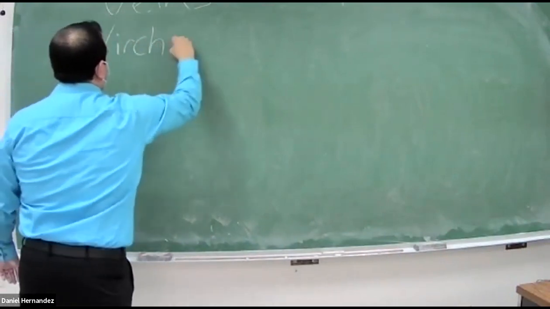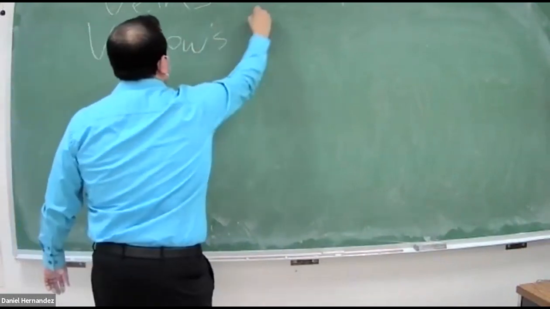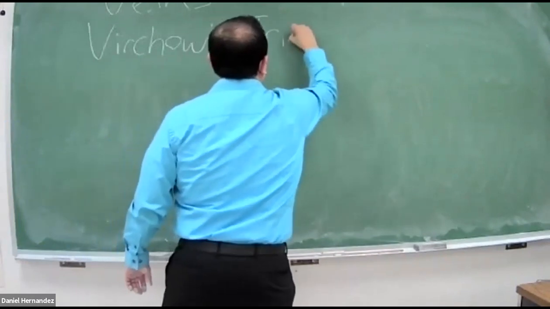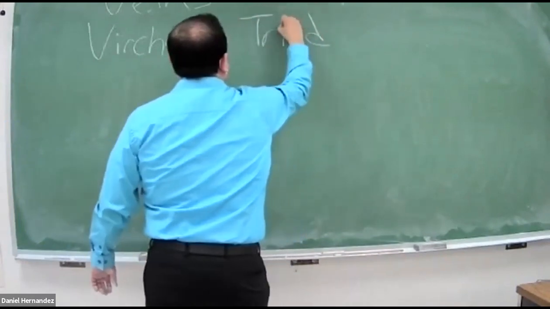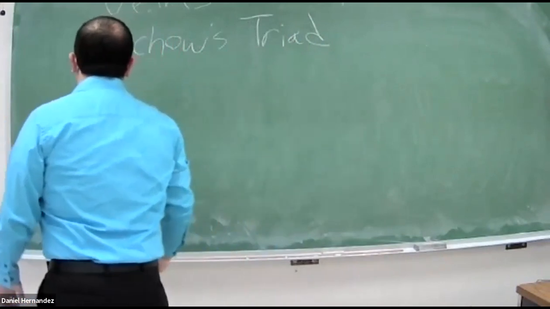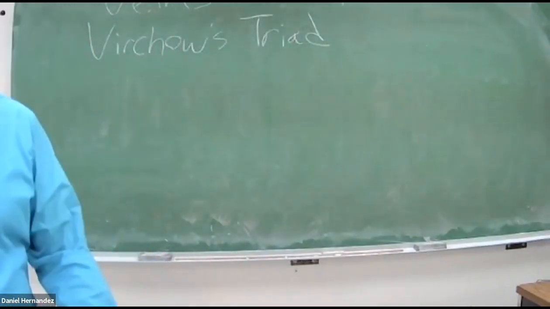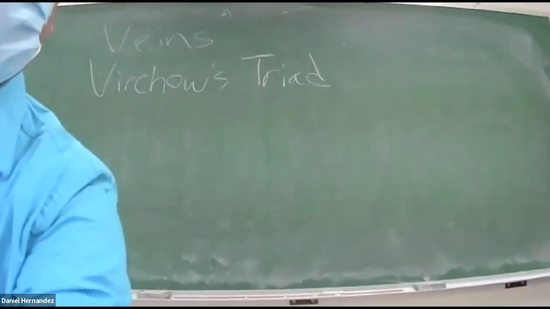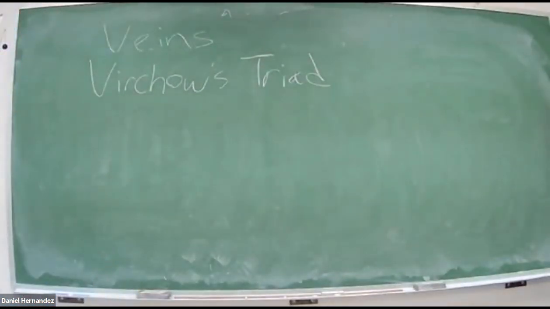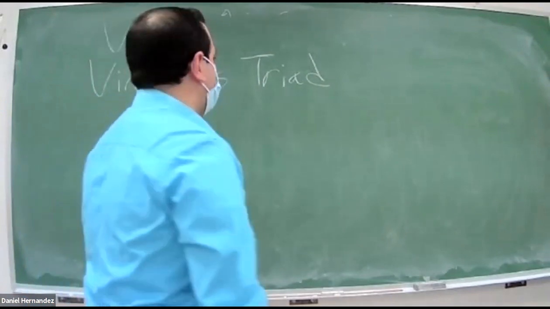And we have Virchow's triad. These are the three mechanisms for developing clots within the venous system. This holds true for both superficial and deep veins.